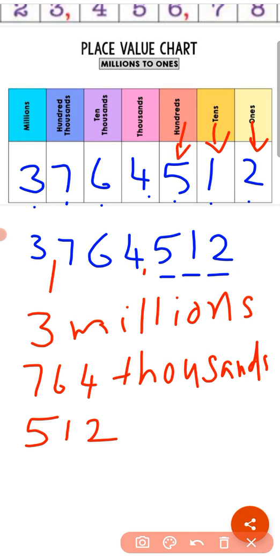Then 4 into 1000, 4,000. 6 into 10,000, 60,000. Okay. So using the place value chart, we can say the place value of each digit. A place value chart is a chart which shows the different place value heading columns in order. Okay. We will learn more about the place value chart in the next class.